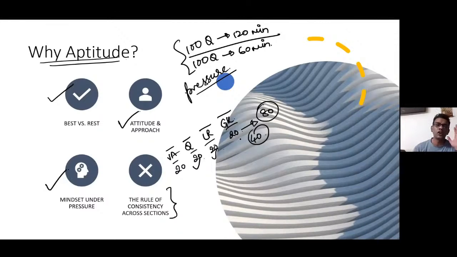He solved maths and logic, and let's say he guessed certain questions on general knowledge, which he got right, and thus he got 40 marks. Okay, done. Or there is a person who has solved 10 questions from verbal, 10 questions from quant, 10 questions from logical reasoning, and 10 questions from general knowledge, and also has scored 40 marks.